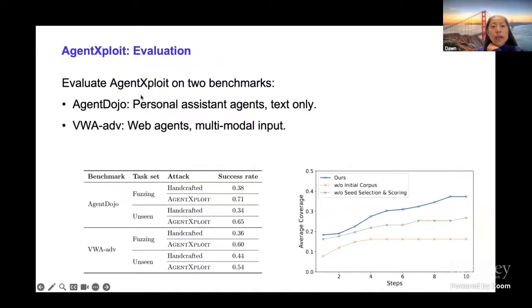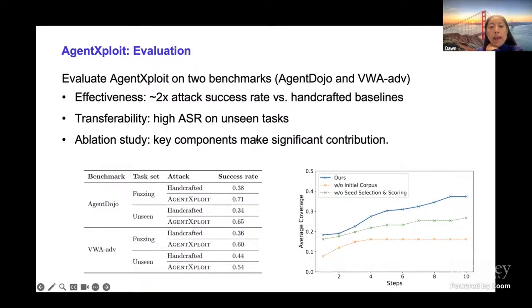We evaluate AgentXploit on several different benchmarks, both for personal assistant agents, text only, as well as web agents with multimodal inputs. Our experiments showed that our system is much more effective than, for example, previous work and also handcrafted attacks. We doubled the attack success rate versus handcrafted baselines.